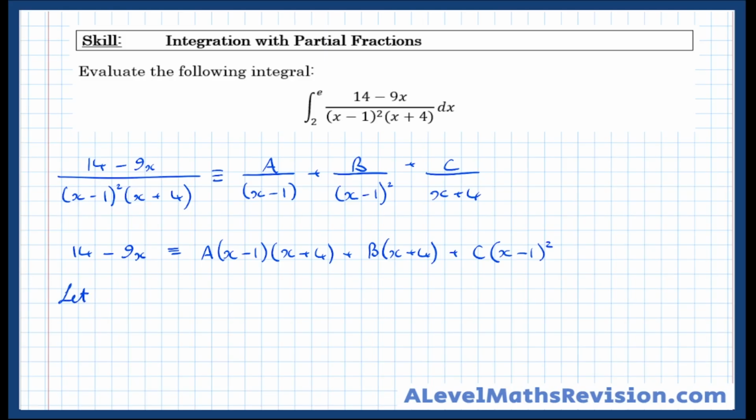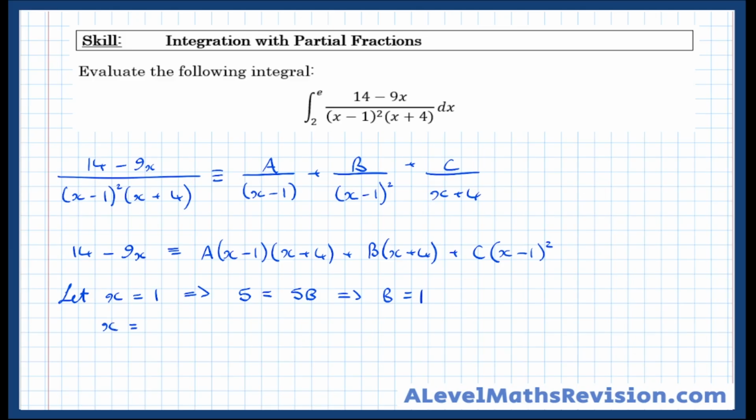Let's try first of all x equals 1. Which means that 14 minus 9, which is 5, equals, and the first term disappears, 5 being the middle term, and the last term disappears, meaning that B equals 1.